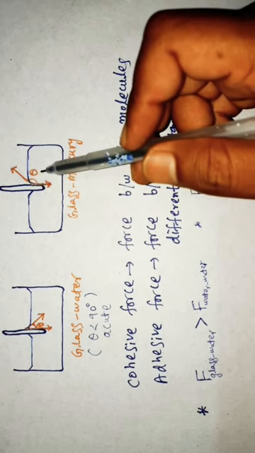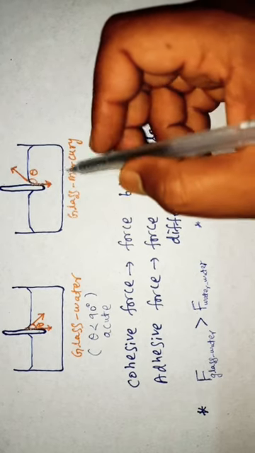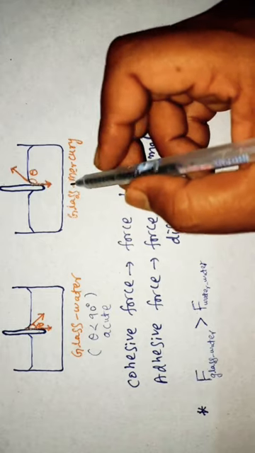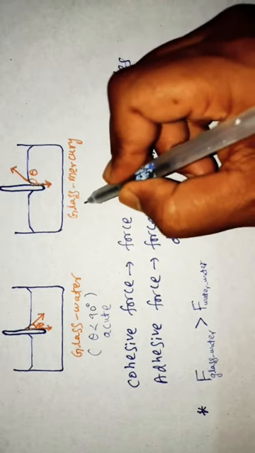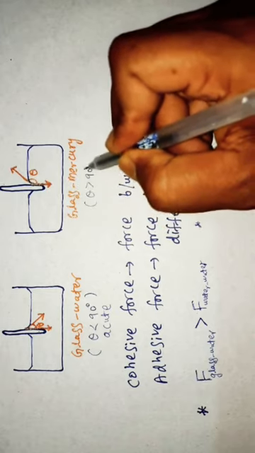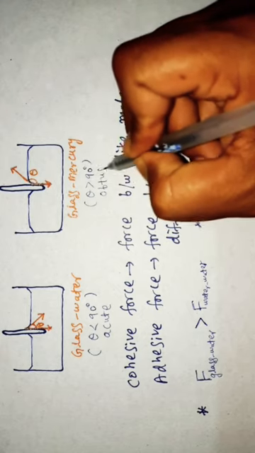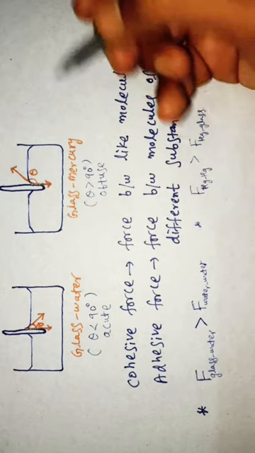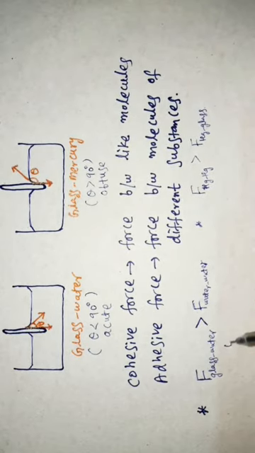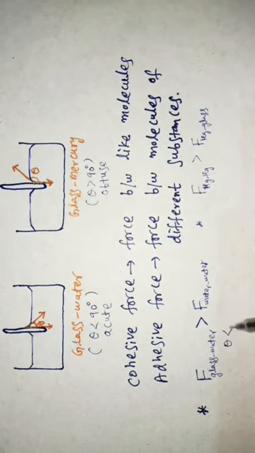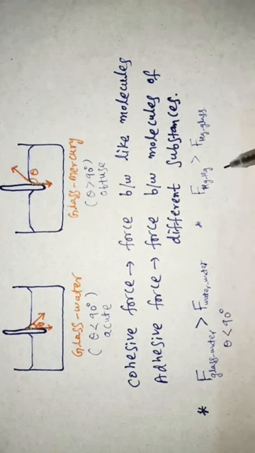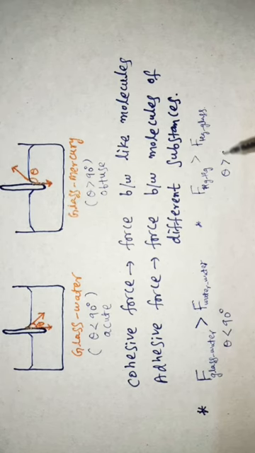In this case the angle of contact is greater than 90 degrees, so this is obtuse.